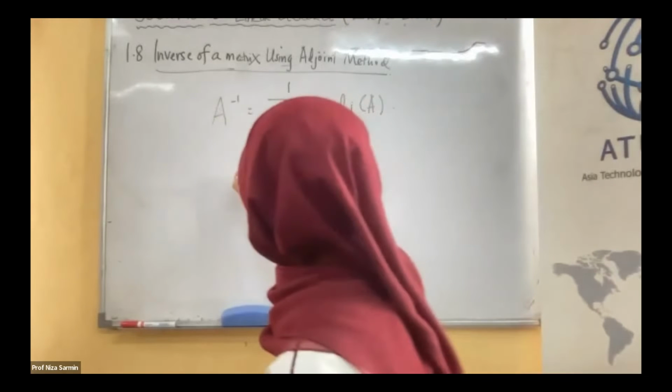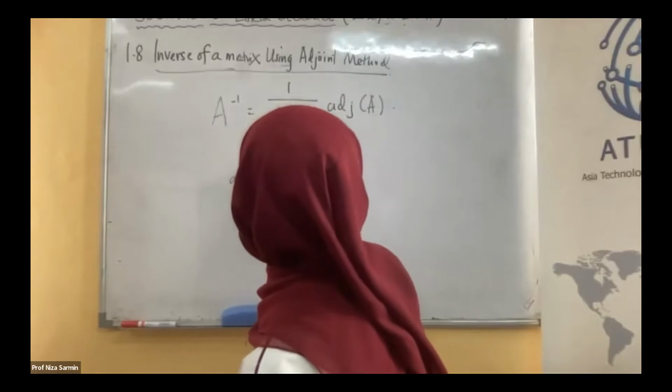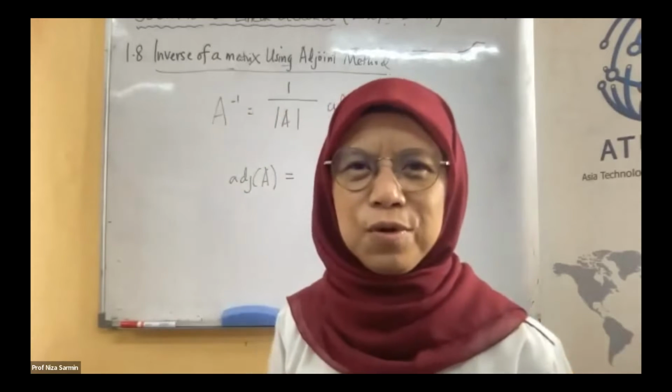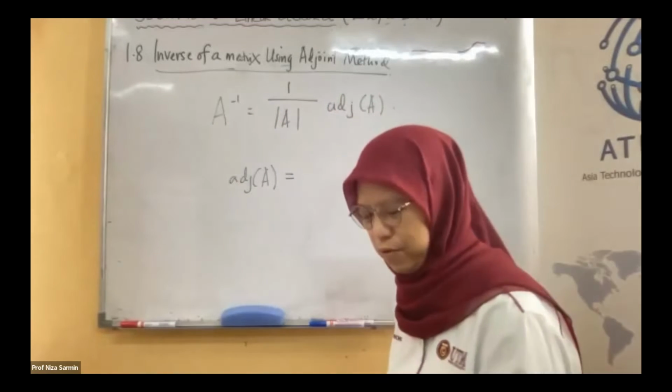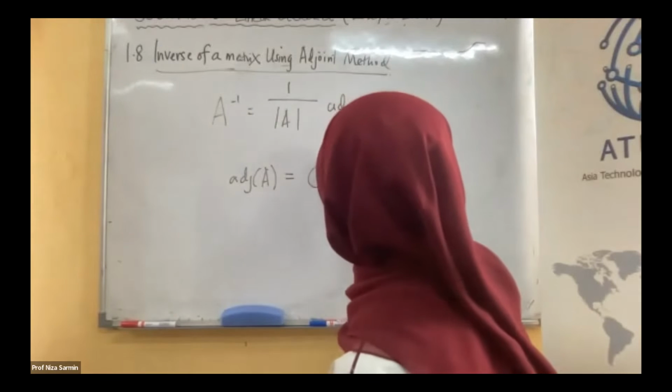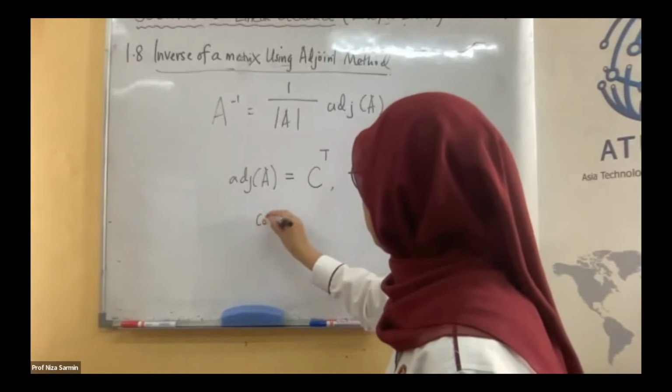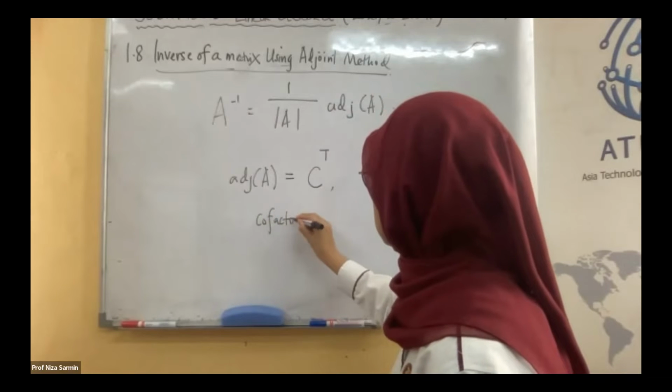You remember adjoint of A? Maybe you learned this before at school, but I don't know if you remember or not. It is the transpose of a cofactor matrix.